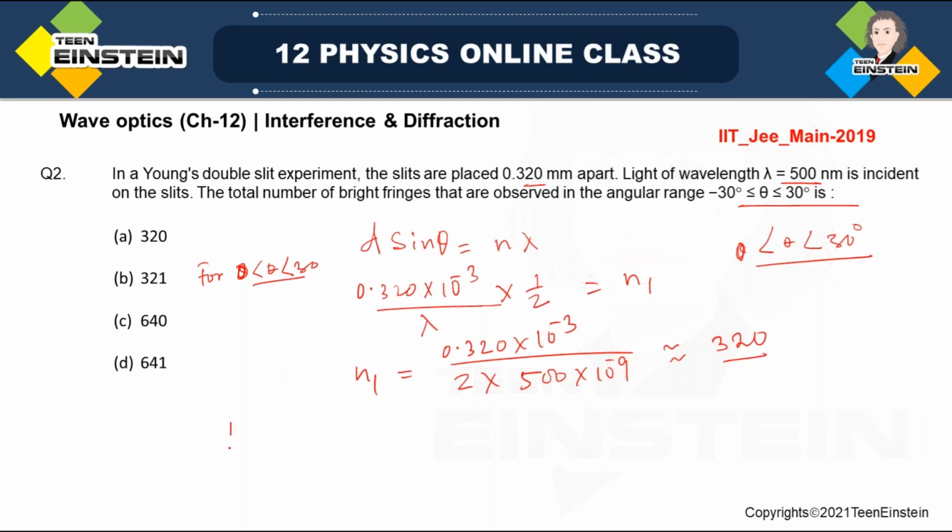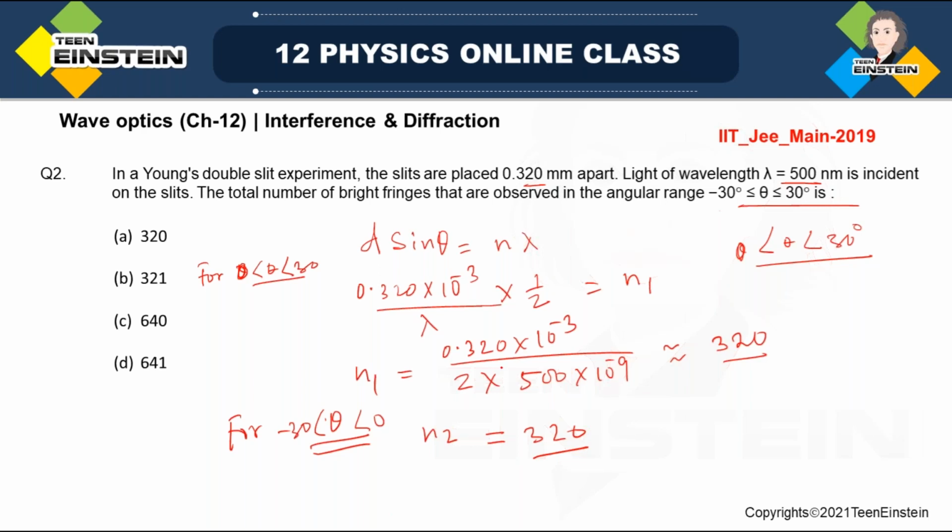So for the other half, that means theta from minus 30 to 0, in this range, what will be the number n2? Similar thing here also, n2 will be 320.